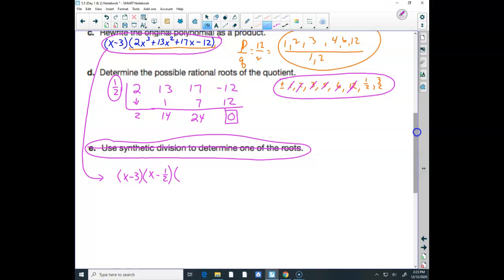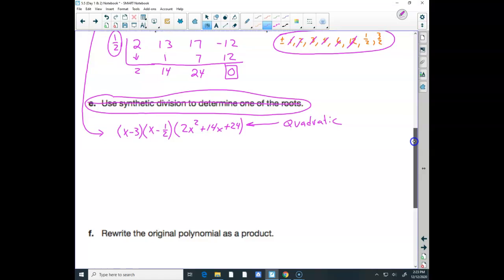And then what's left is 2x squared plus 14x plus 24. You do not want to guess and check anymore, guys, because this guy is quadratic. And you know how to factor quadratics. You're all masters of quadratic factoring.